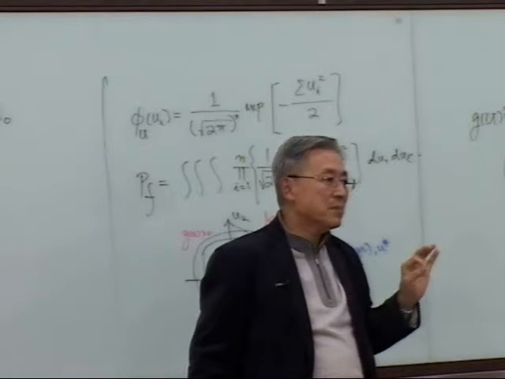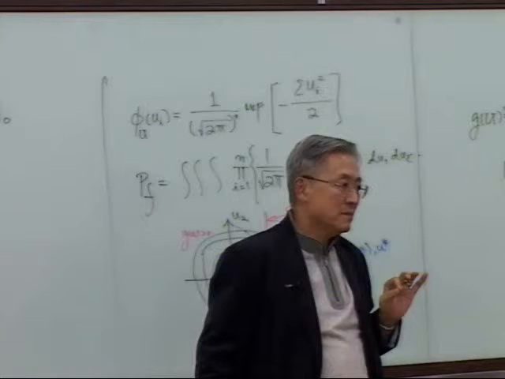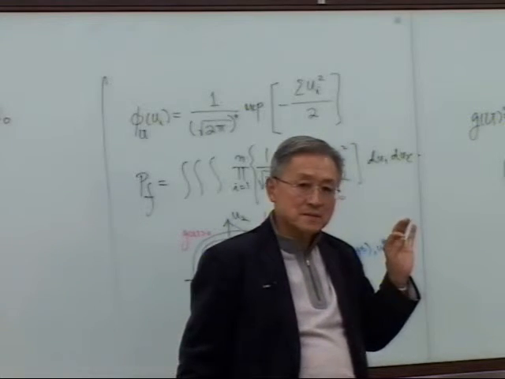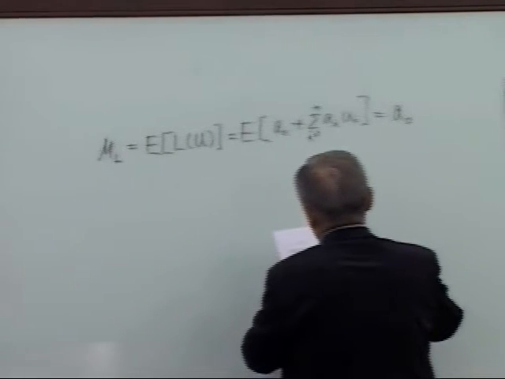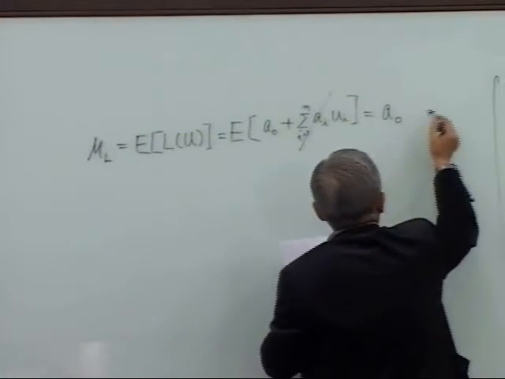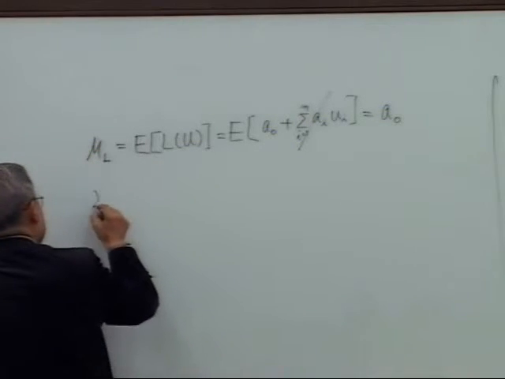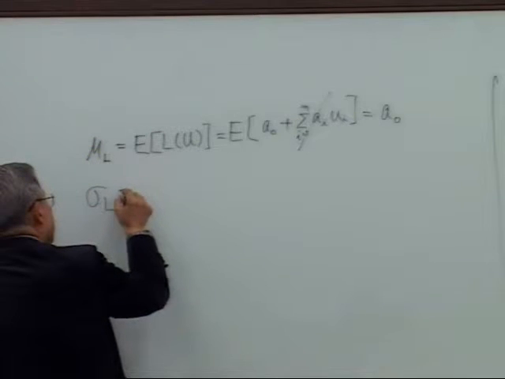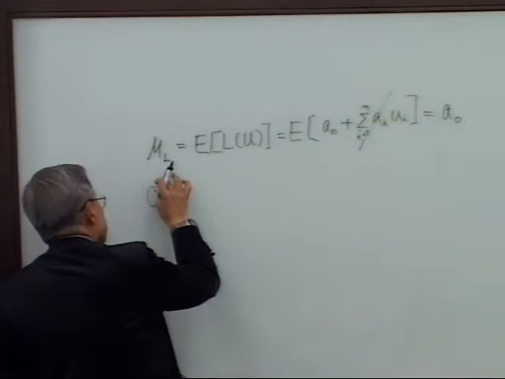So every component's mean is equal to zero. So this has to be zero, that is only one. And the second one is a little bit trickier.